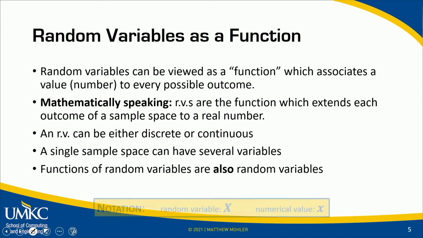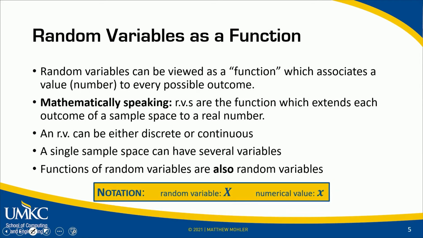The general notation is that anytime we're talking about the random variable itself, kind of that function, if you will, the system that is defining the random variable, we're going to use the capital letter, in this case a capital X. And anytime we're talking about the outcome of a random variable, or even the input to a random variable, the thing that we are utilizing as the input, the specific outcome of our sample space that creates that random variable, that numerical value, we're going to use the lowercase x. And this will make a lot more sense as we start looking at some examples, which we will do right after we talk about our next section, the probability mass functions.